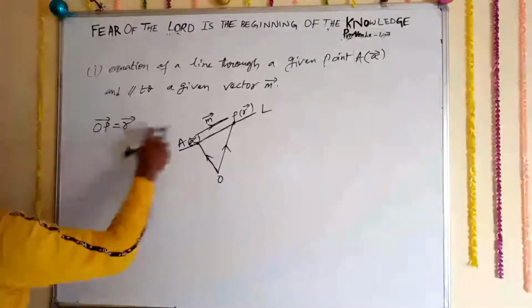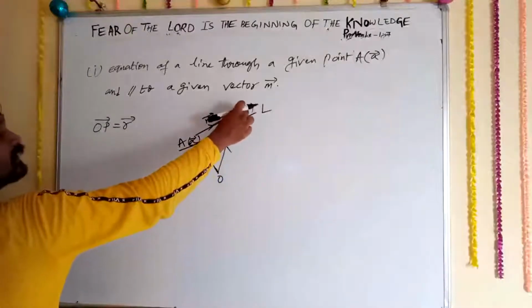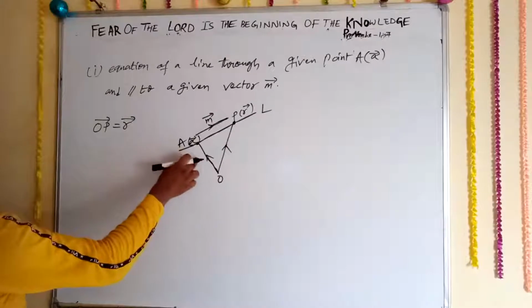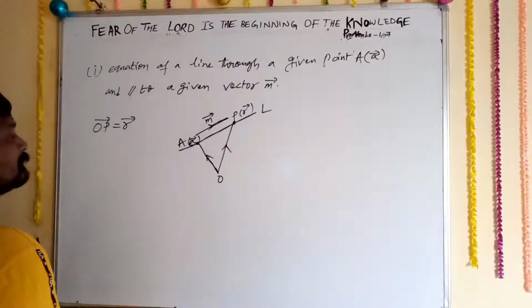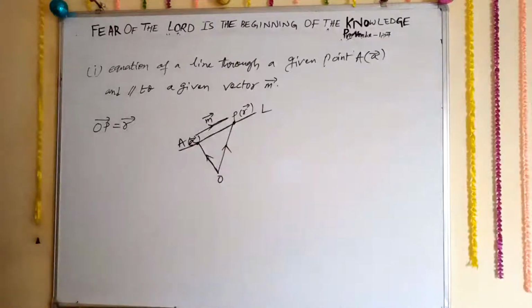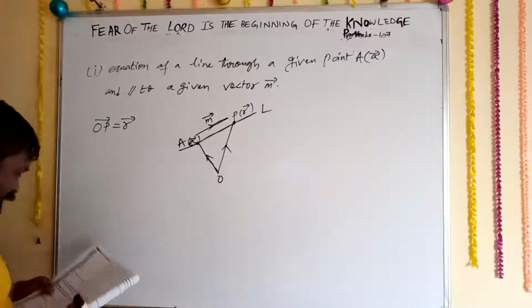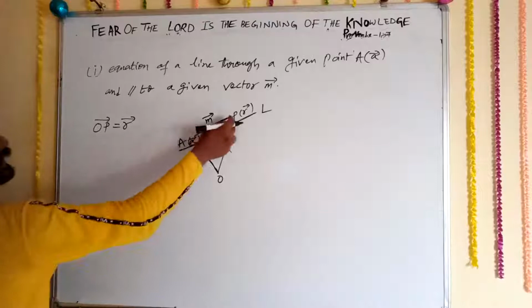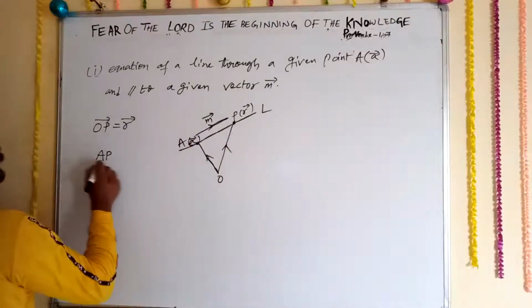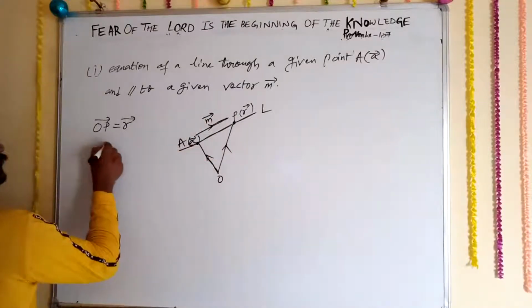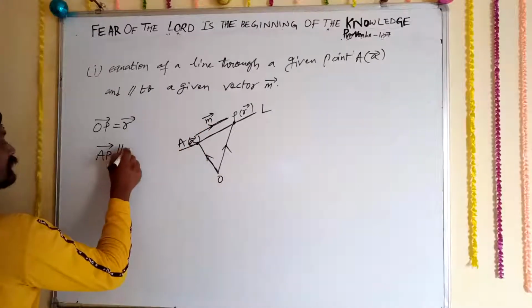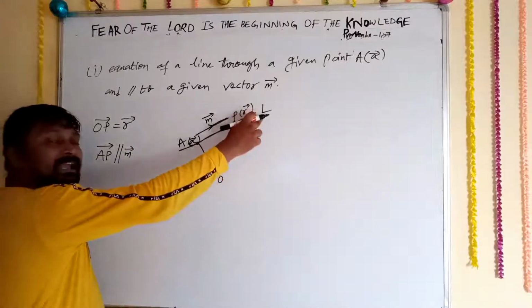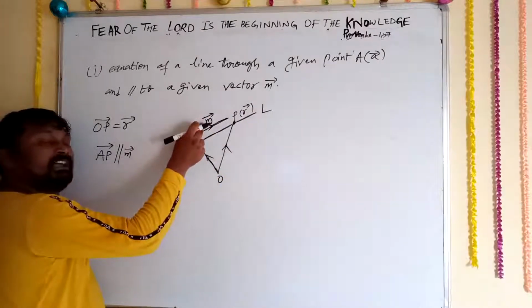First, OP vector is nothing but r and OA is a, and AP is nothing but OP minus OA, that we will do. Now first, this AP vector is parallel to the m vector. In other words, line L is parallel to the m vector.